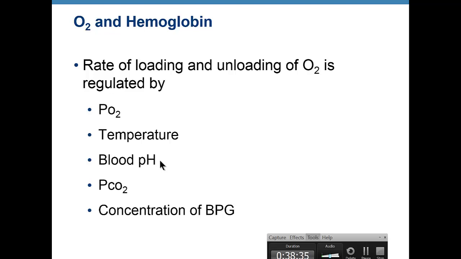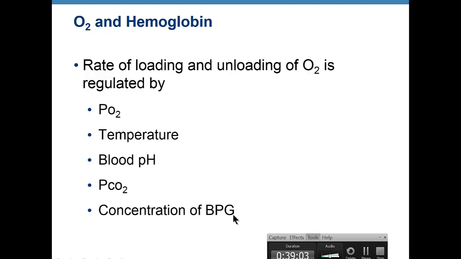Hydrogen ions, working hard, acidosis, that would be unloading. So decreased pH, so a down arrow equals more unloading. PCO2 is increasing, means we're working hard, right? We're making a lot of CO2. Unload.